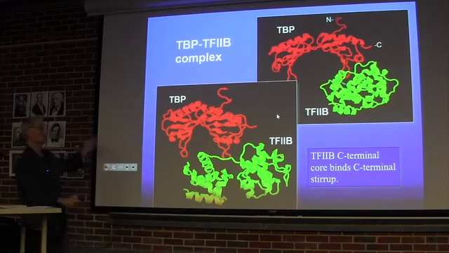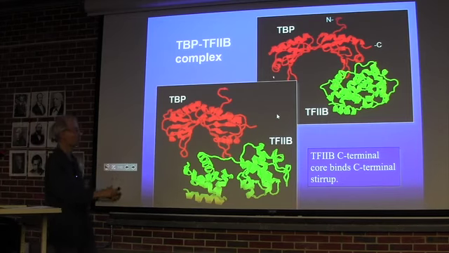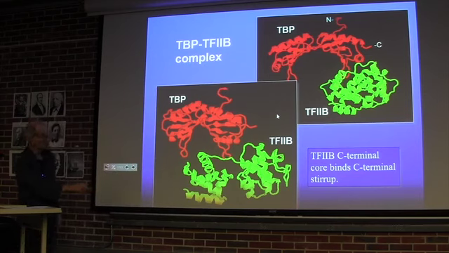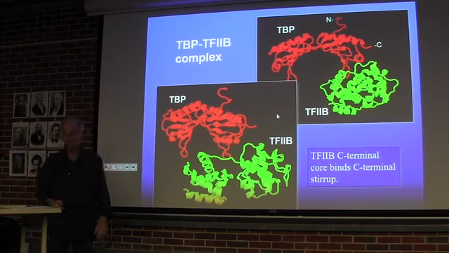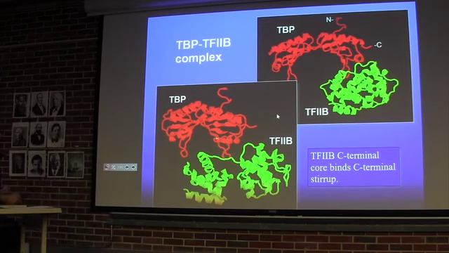So if you just look for the green blob, except it may not be green, but it'll be a blob, versus this highly symmetrical TATA binding protein, right? That is where your left foot goes, and that's where your haunches go. So the only way you can sit on that is facing you guys, coming out of the screen.